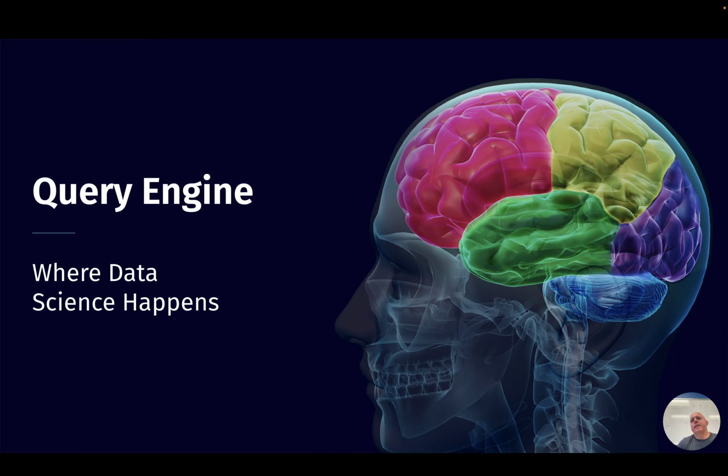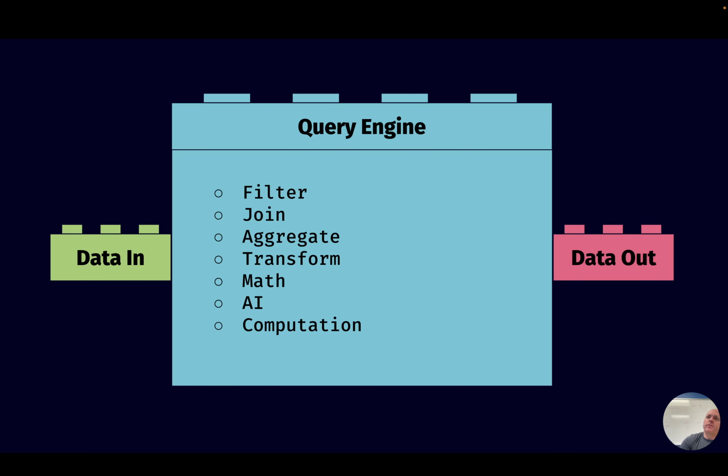Now let's look at query engines. And query engines are where data science happens. So first of all, what is a query engine? First, a query engine takes data in, and then it performs operations on it. These operations could be filters, joining, aggregating, transforming, math, AI, computation.